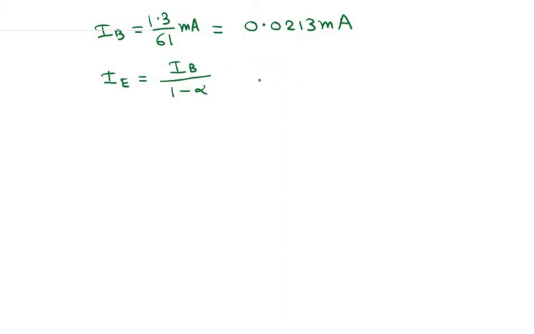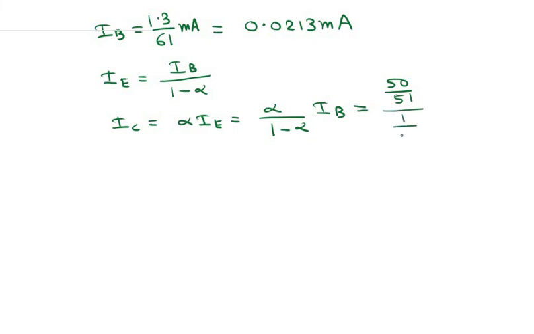We are asked about IC. IC is alpha times IE, which is equal to alpha divided by 1 minus alpha times IB. Alpha is 50 divided by 51, divided by 1 divided by 51, into IB.